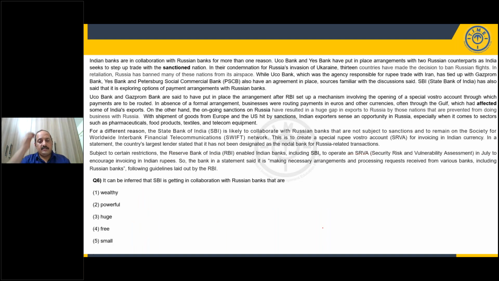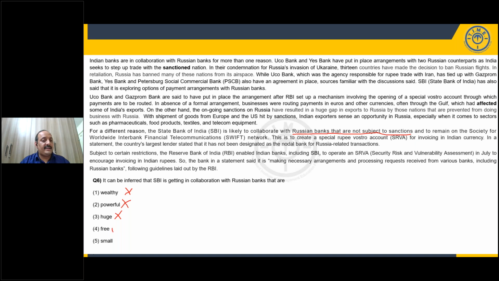All right. Then it can be inferred that SBI is getting in collaboration with Russian banks that are... Okay. So if we see over here, what he had said was the SBI is likely to collaborate with Russian banks that are not subject to sanctions. So those Russian banks that are not controlled by those sanctions, with them the SBI is likely to collaborate. So if we say wealthy, no. Powerful, no. Huge, no. What does free mean?